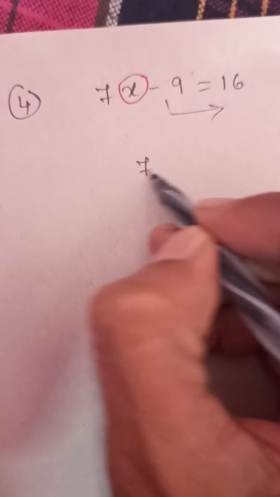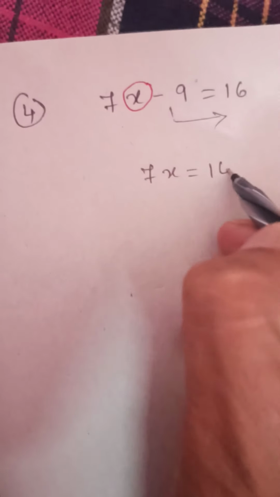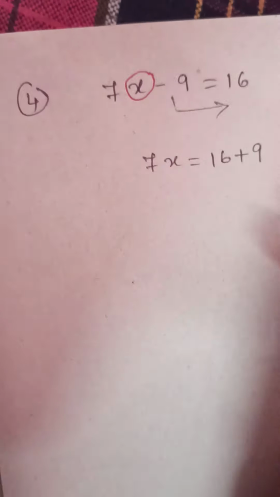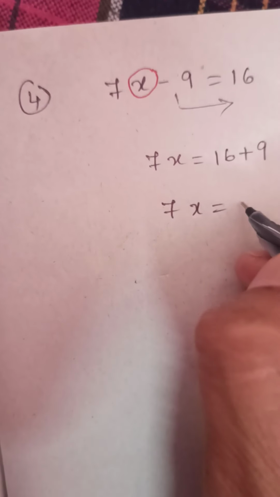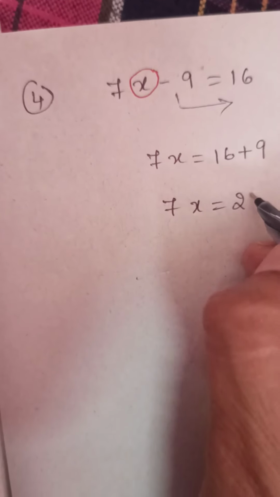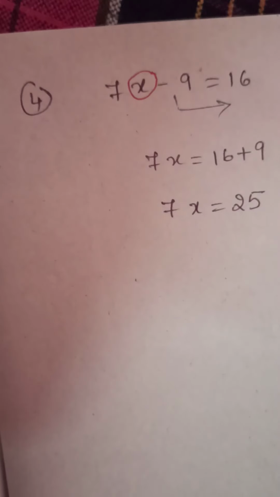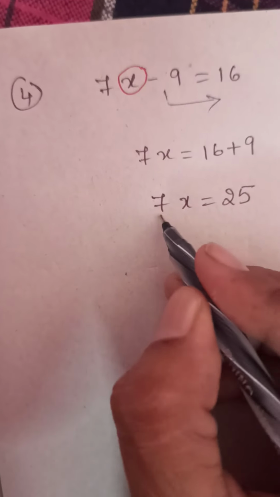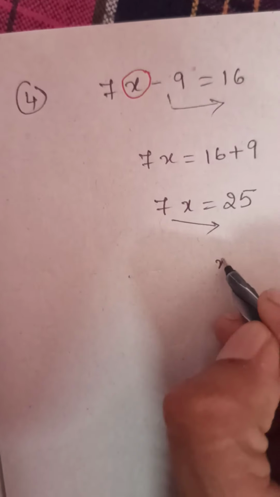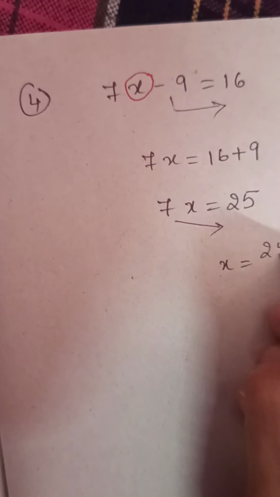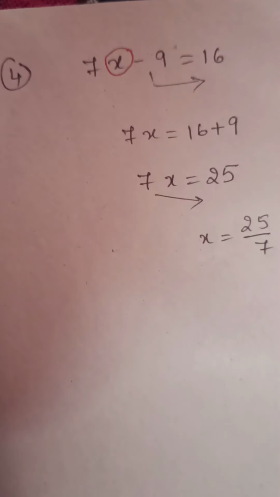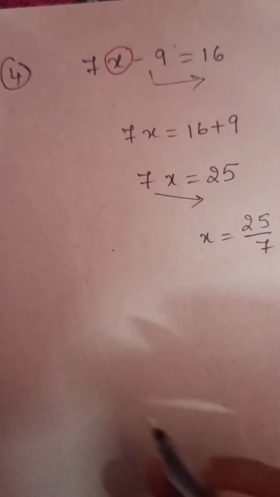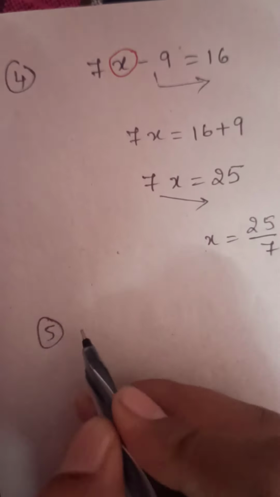So now minus 9 transposed to that side, that is 7x is equal to 16 plus 9. 16 plus 9, how much? 25. Now multiplication by 7 becomes division, that is x is equals 25 by 7. Therefore, the variable value x is 25 by 7. Okay, fifth one, last one.